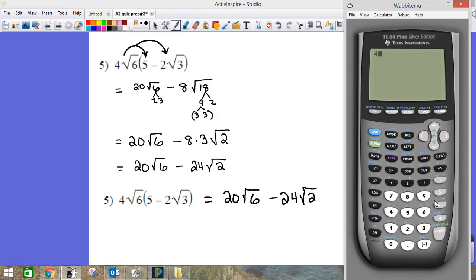So we have 4 times radical 6 and in parentheses we have this binomial 5 minus 2 times radical 3.